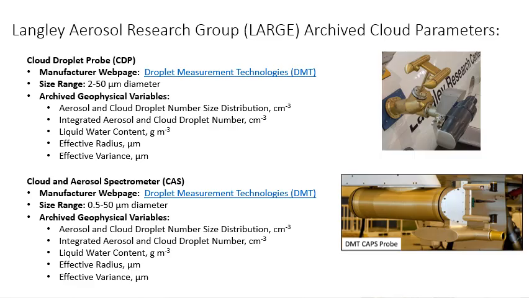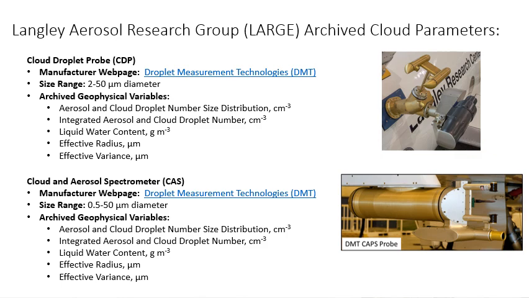For the CAS probe, we're calculating a similar set of variables. The main difference between the CAS and the CDP is the size range. The CDP's lower size limit is 2 microns, and the CAS's lower size limit is half a micron. Both top out at 50 microns.